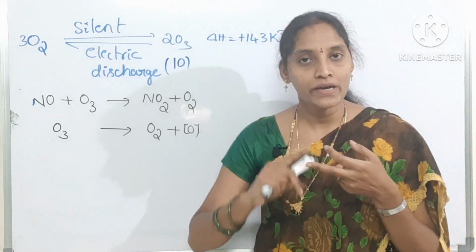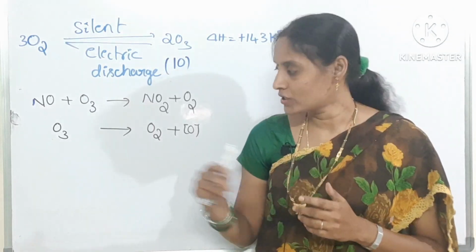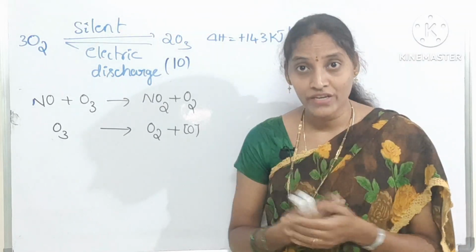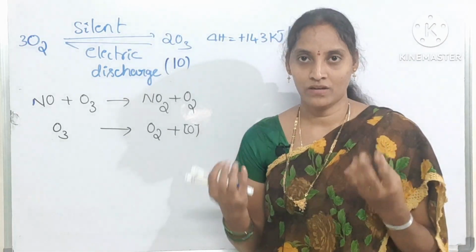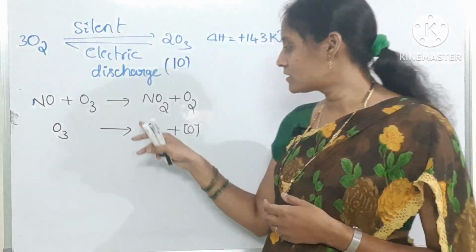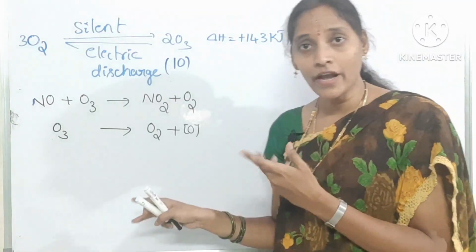So entropy and enthalpy give Gibbs free energy. So the Gibbs free energy here will become more. If Gibbs free energy is more, that will be an exothermic reaction and explosions will happen. So this is a harmful reaction to the environment.